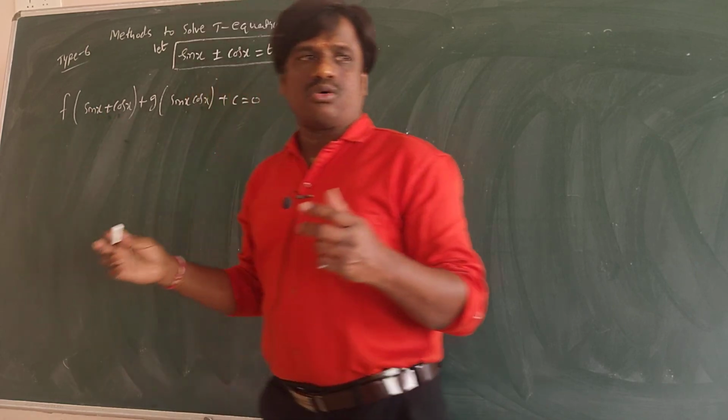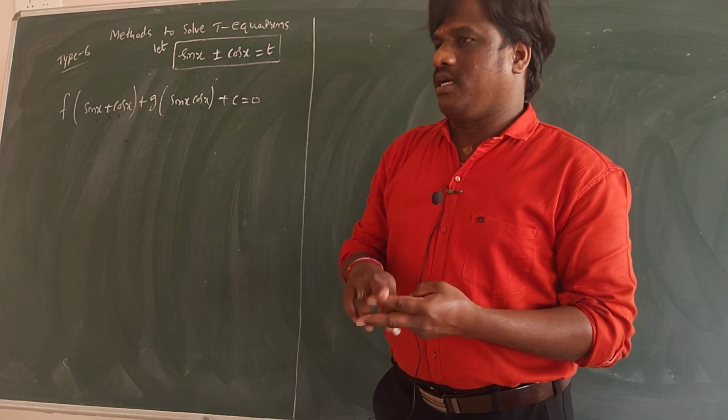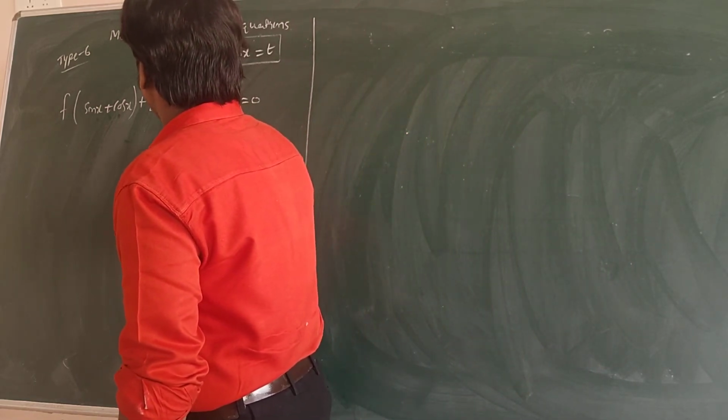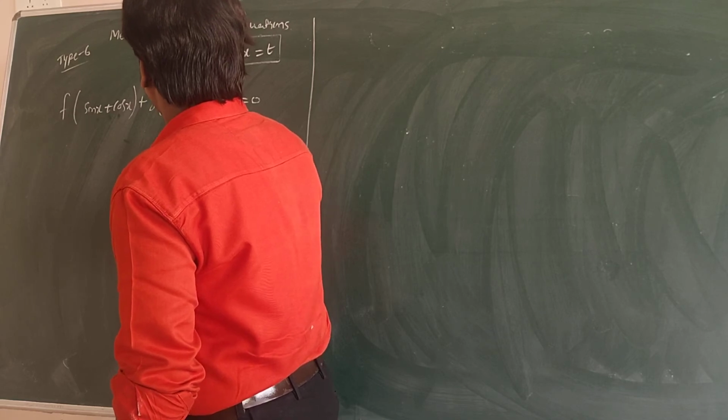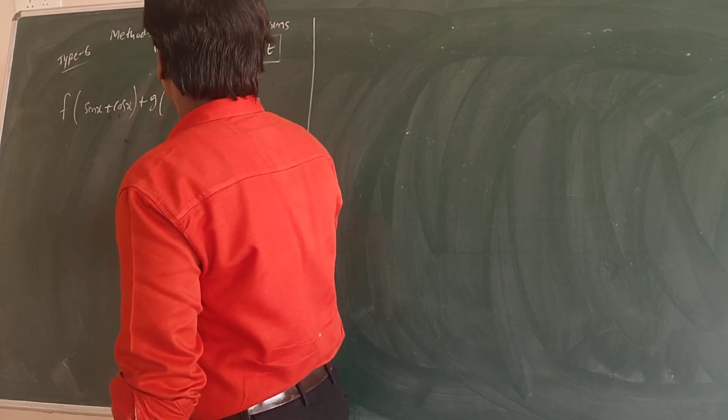But sin x, cos x should be either plus or minus, and in product. At that time, you can consider sin x plus cos x as something, t, anything. You can just take it as t.